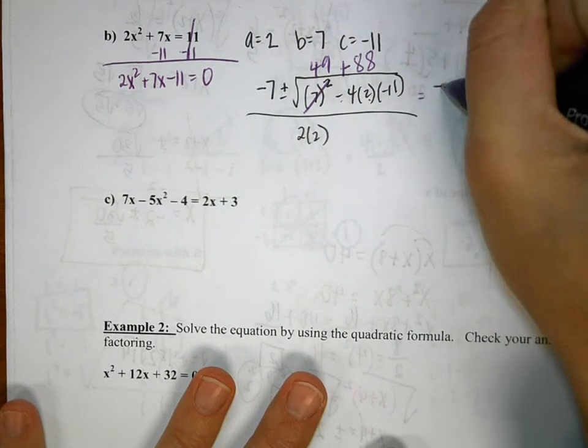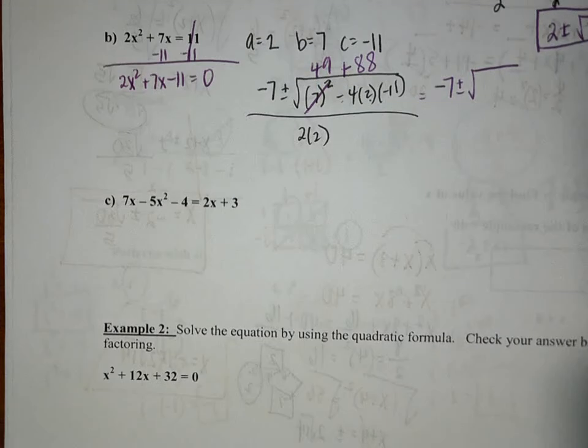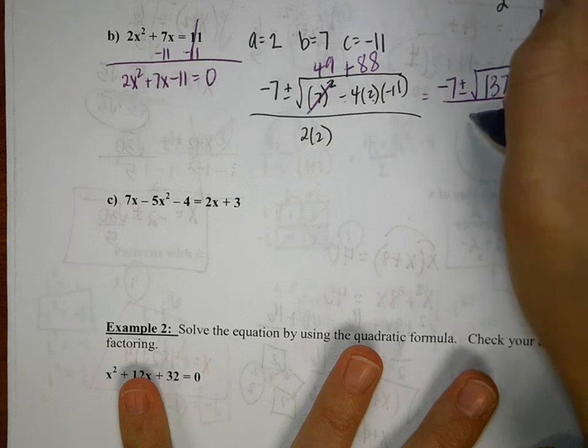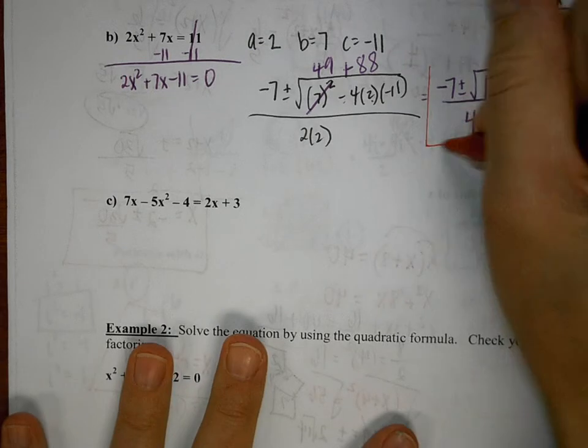So this ends up making -7 plus or minus the square root, and 49 and 88 makes 137, divided by 4. And 137 does not break down. So you could still separate this into two fractions if you want to, but nothing's going to reduce. So you could leave your answer like this.